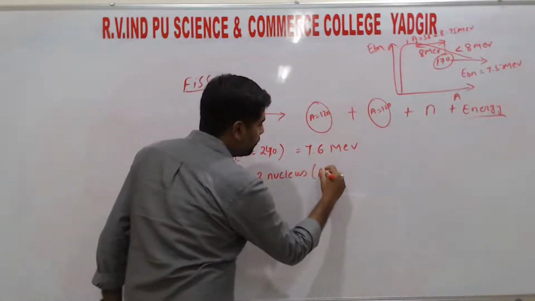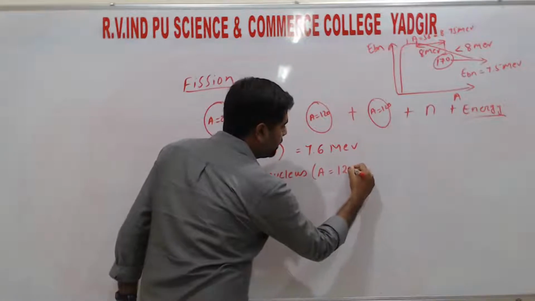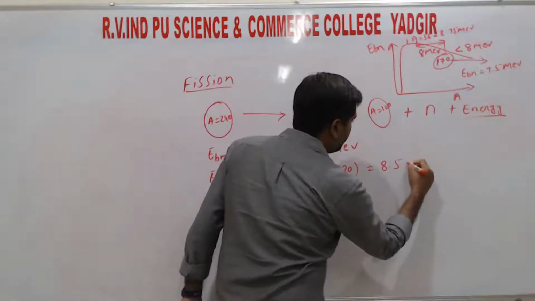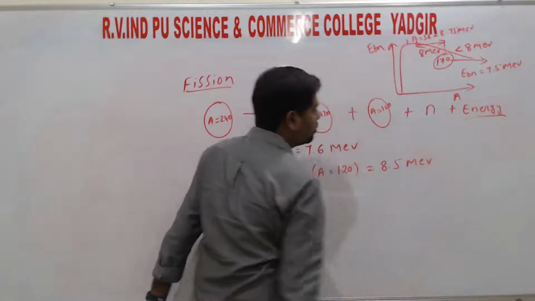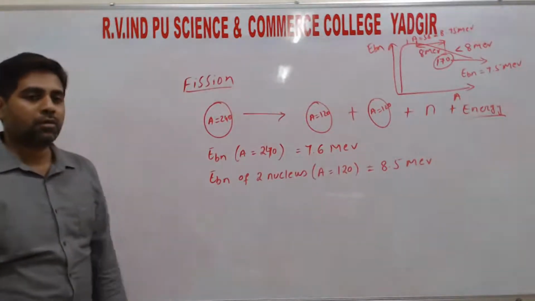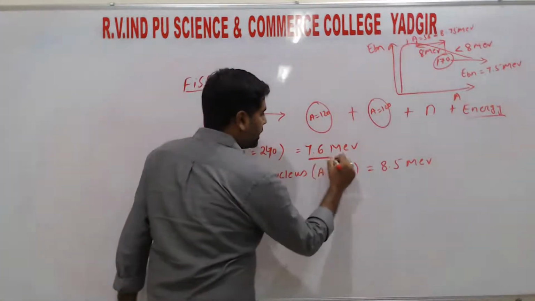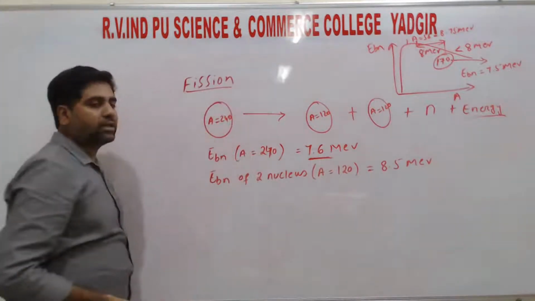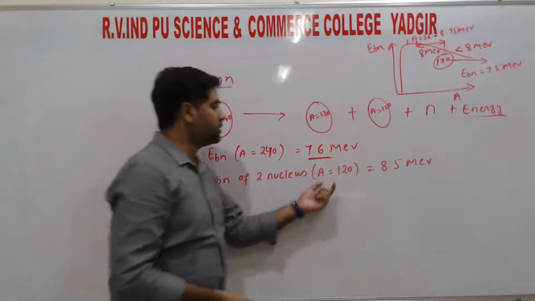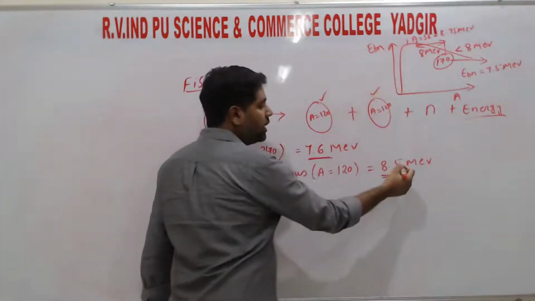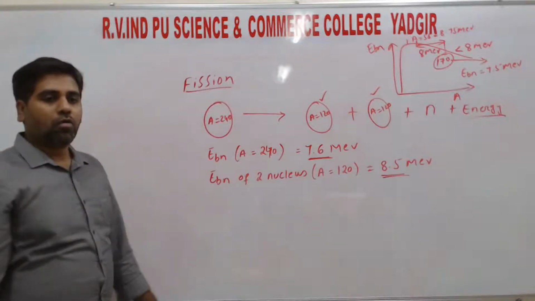Then the specific binding energy of the two nuclei of mass number 120 has the value 8.5 mega electron volt, right? So here if you observe, the specific binding energy per nucleon of the heavy nucleus is 7.6 and of the individual nuclei is 8.5 mega electron volt.